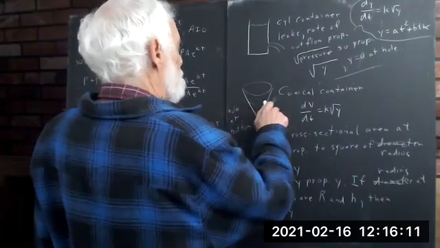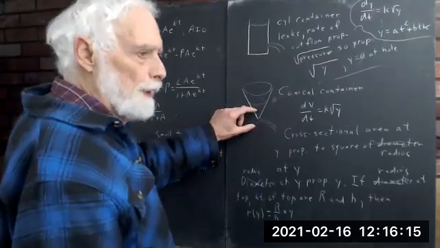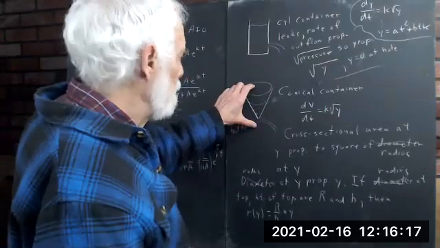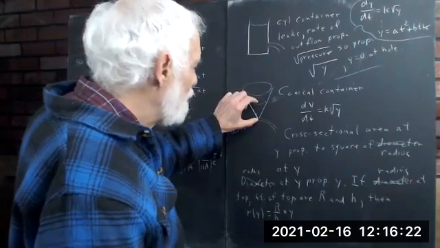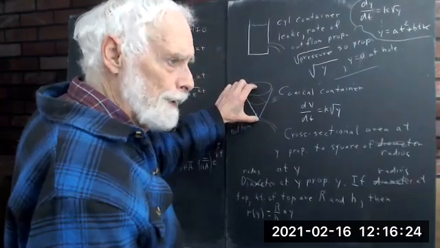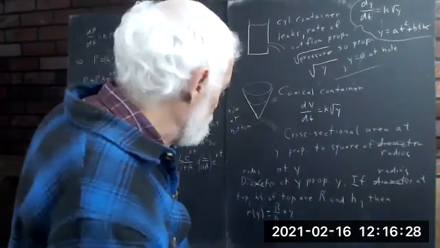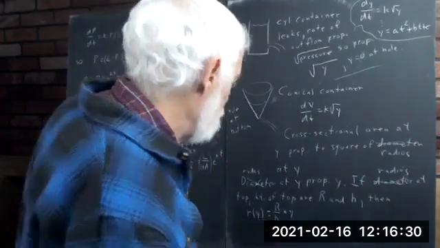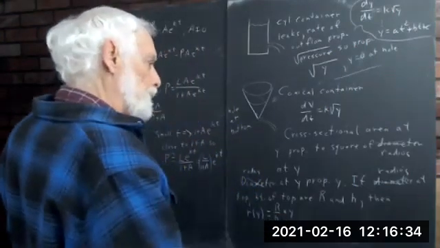So the radius here is in proportion to the radius up here as this distance is to this distance. It's very straightforward geometric proportionality. Then the radius at y equals this.